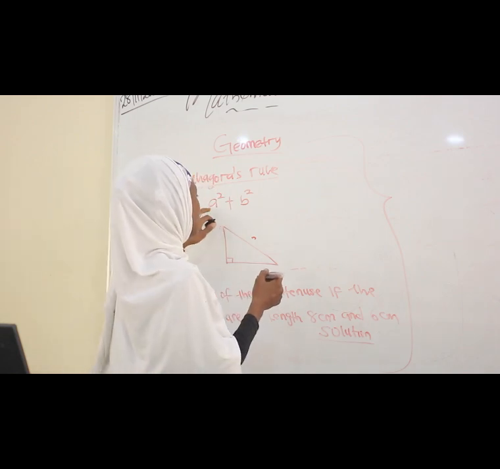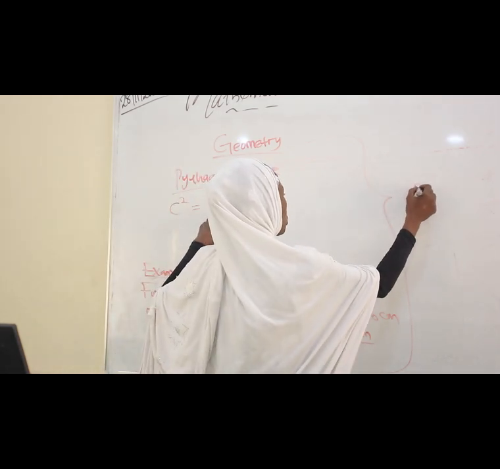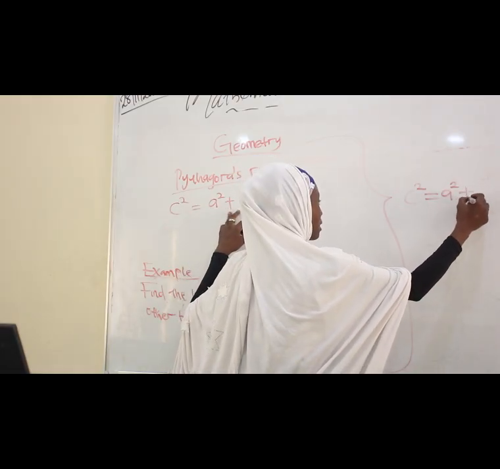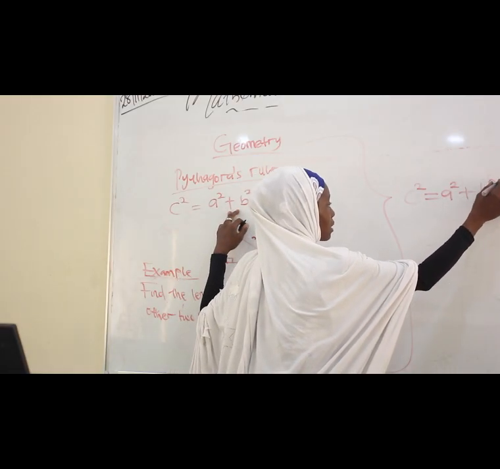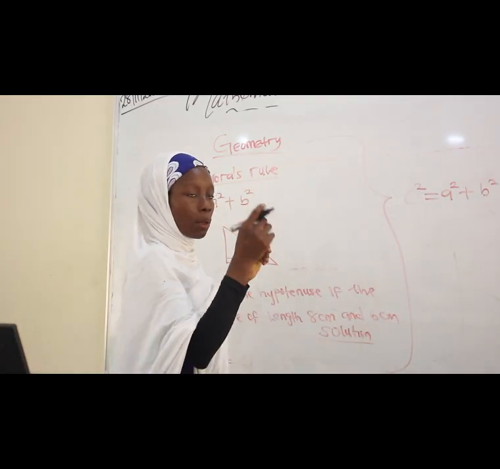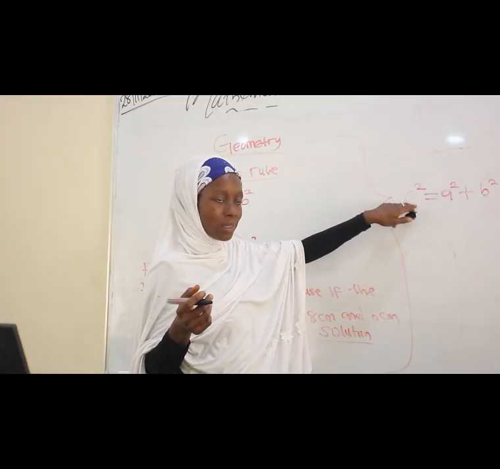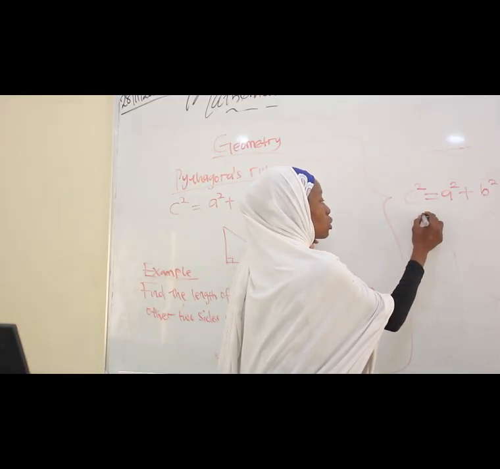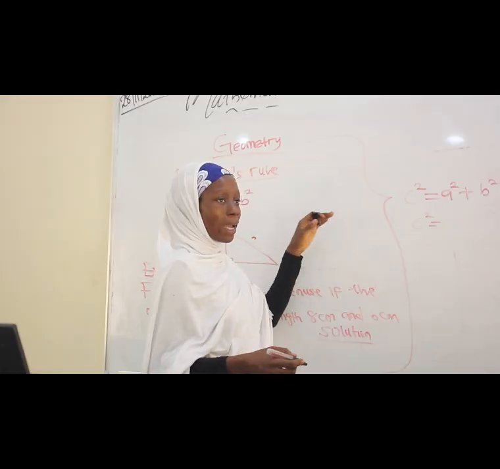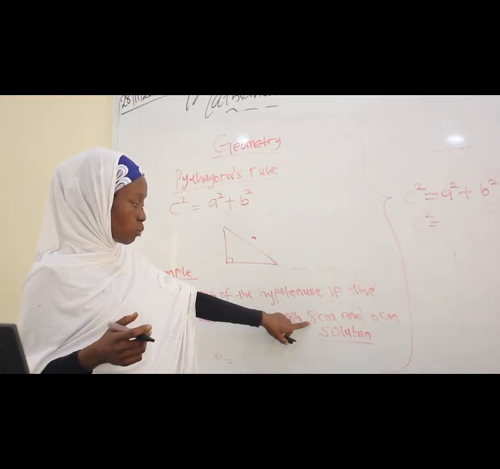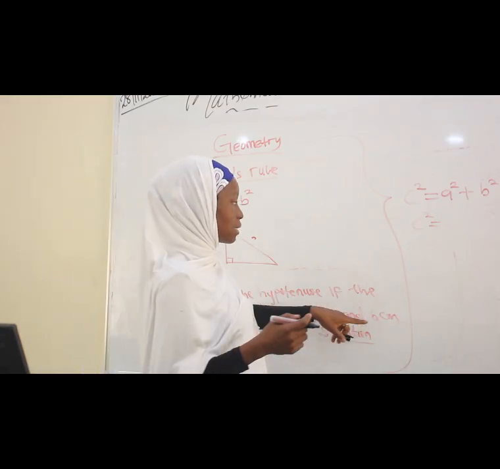So now, I said hypotenuse squared is always equal to the sum of the squares of the other two sides, that is opposite and adjacent. We have a squared plus b squared. In this case, what are we looking for? The hypotenuse, which is our c squared. So c squared is equal to a squared plus b squared. From the question, we have the other two sides to be 8 cm and 6 cm.